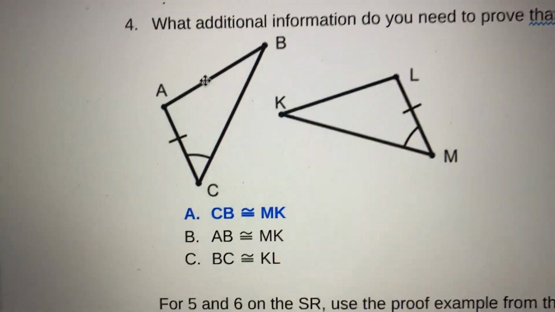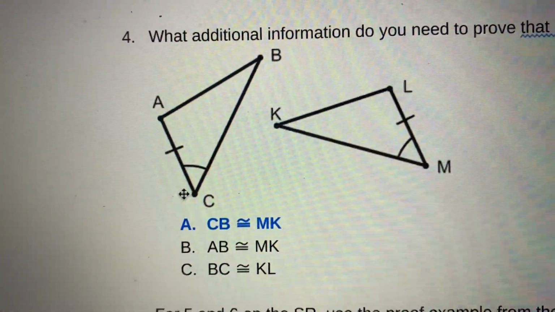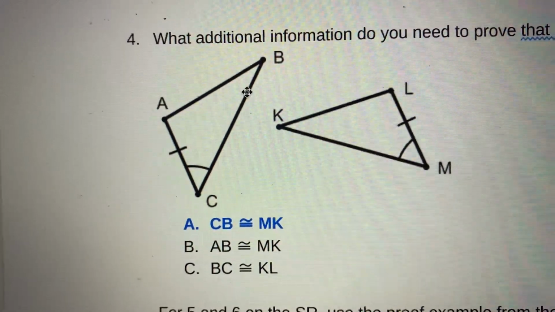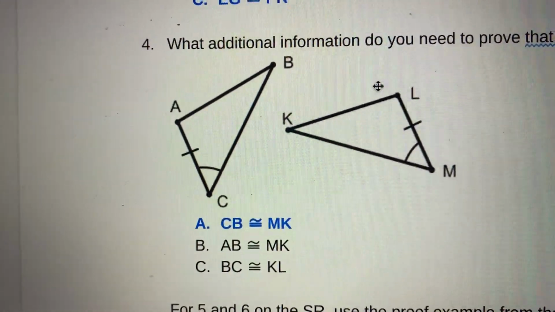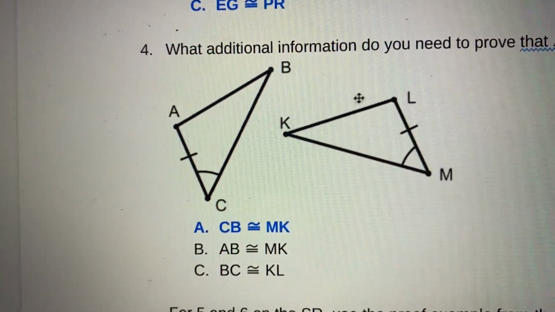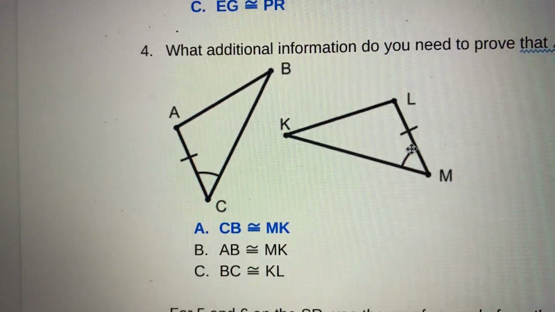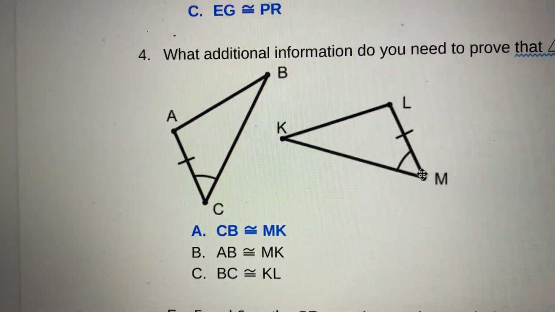And then the last option was BC, which we do need, and KL. That was right for the first triangle, but for the second one, that's not the side we're looking for. We want the side that's right after the angle, which would be MK or KM. Okay, so that one is A.